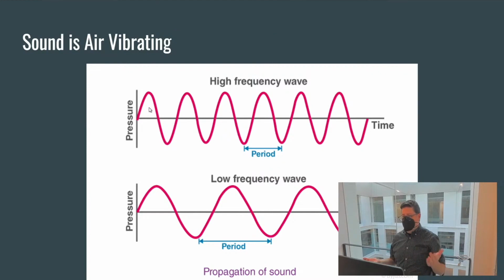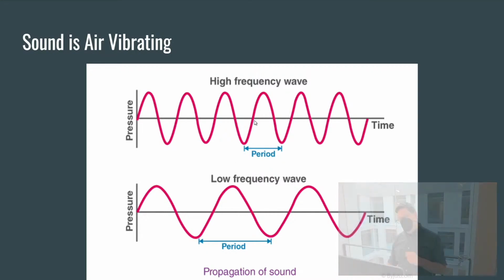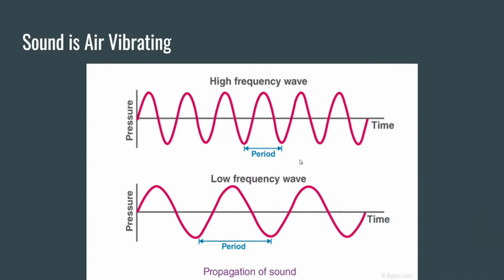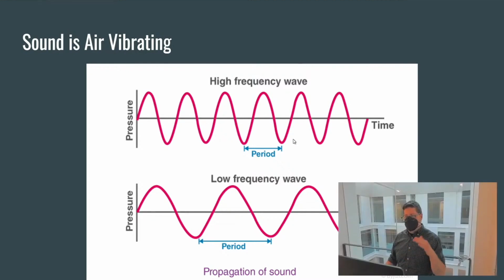And the speed at which it does that is frequency. So this is lower frequency, this is higher frequency. And that would be the period in the waveform. So if you have a low frequency range, we'll say like 60 hertz. Hertz is the number of times that this wave period happens per second.